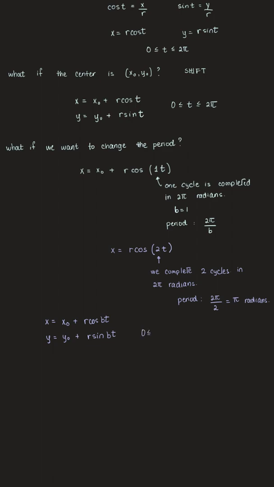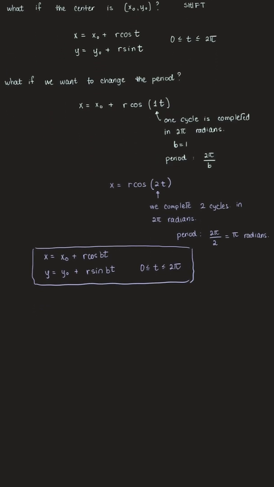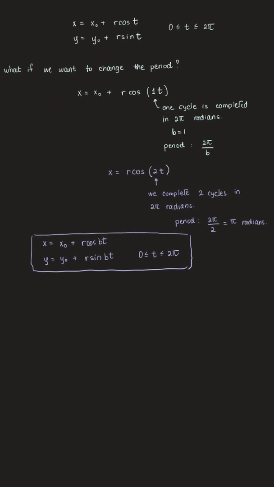Let's let t vary from 0 to 2 pi, and let's summarize what these 2 parametric equations give us. 1, the center of the circle, that is our path, is x0, y0. 2, the radius of the circle, that is our path, is r.